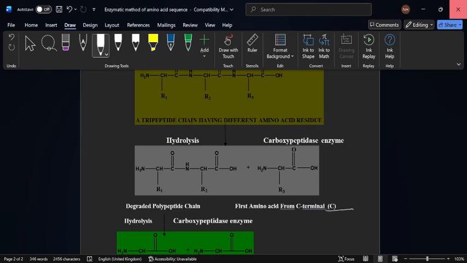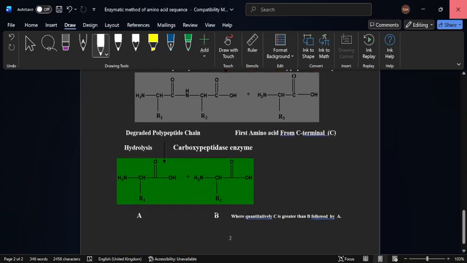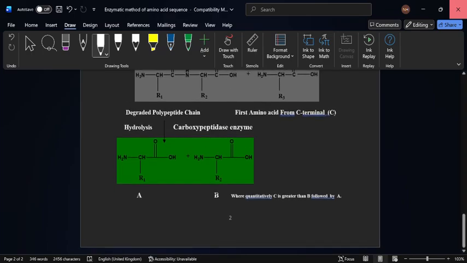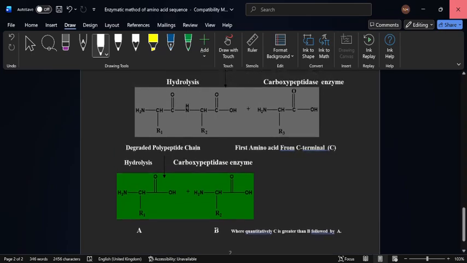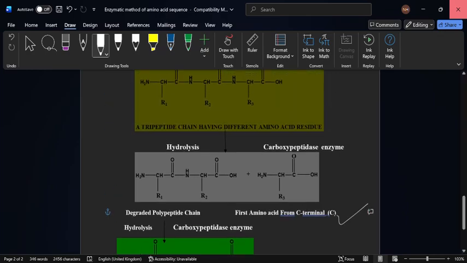You can mark it as C, and the rest is a degraded polypeptide chain, which, when subjected to hydrolysis by the carboxypeptidase enzyme again, gives you two amino acids, that is B followed by A. And here you should know that quantitatively C is greater than B. So the quantity of C is always greater than B, followed by A.